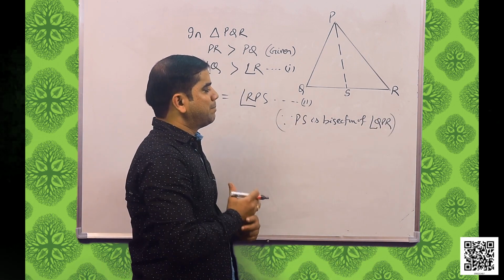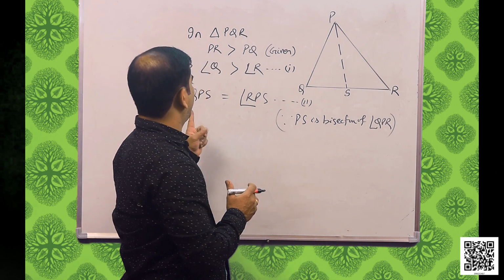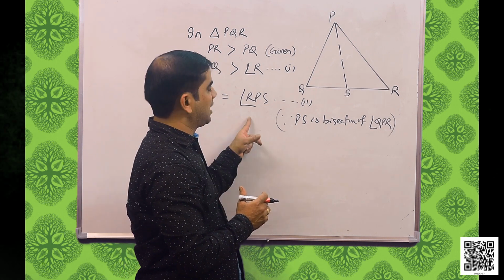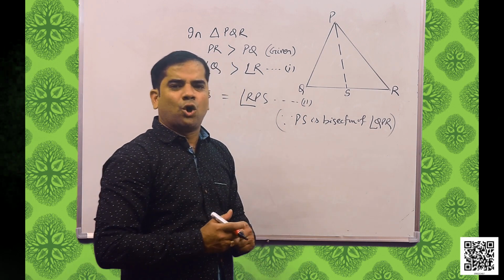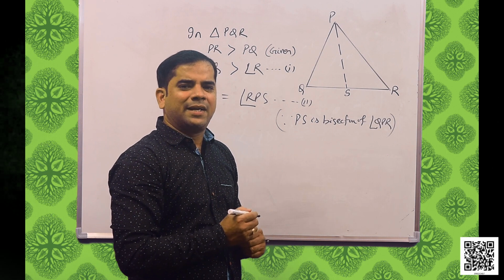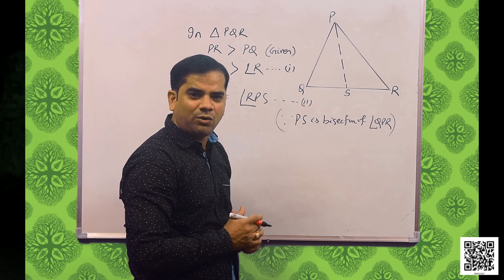So, as PS bisects angle QPR, that is why angle QPS is equal to angle RPS.